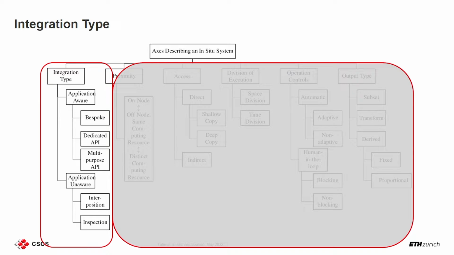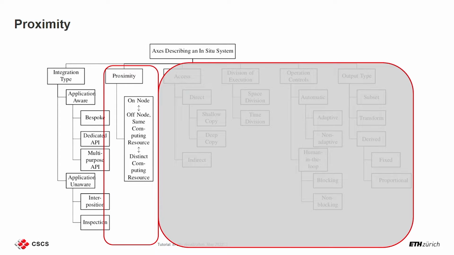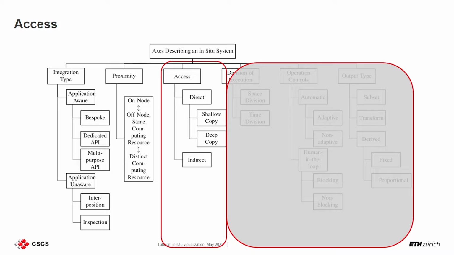All the details are in the paper. It's actually a quick read, but it's pretty nice because it really gives you the whole gamut of implementations which you can find. In terms of proximity, of course, you have on the node, on the node with a GPU, or distinct compute resources. Again, multiple flavors for that axis.